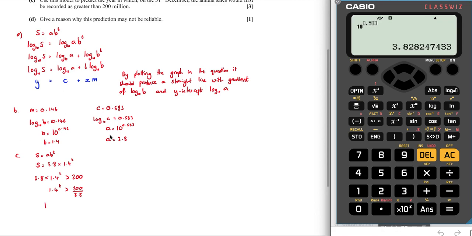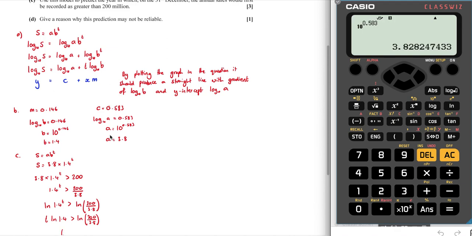So ln of 1.4 to the t is greater than ln of 200 over 3.8. Again, I'm going to just leave it like that. The calculator can do the heavy lifting for me. That t is going to come out the front. And then I want to divide through by ln of 1.4.